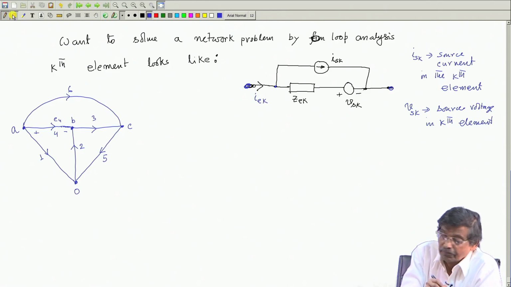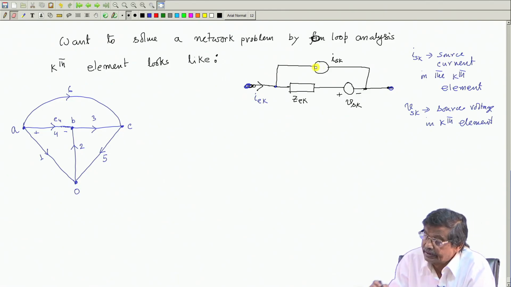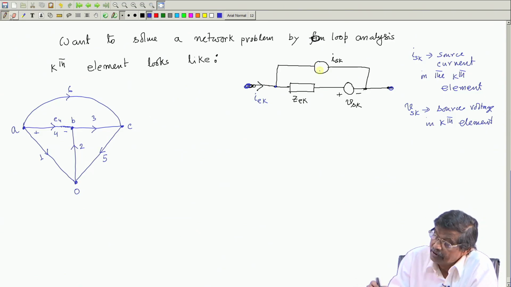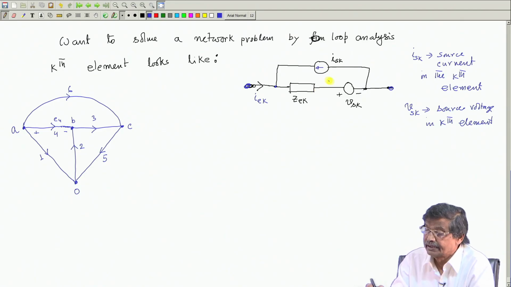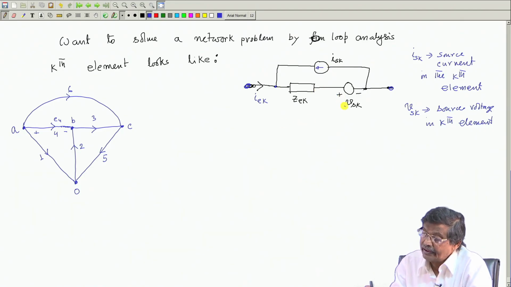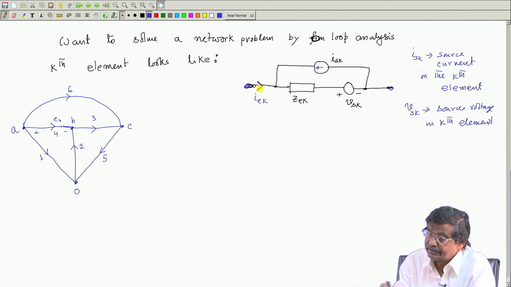If you allow me, I will make one correction here. Always I will assume current is injected into the positive terminal of the node. The ISK direction is like this, and the polarity of VSK is decided by the arrow: if the arrow is coming like this, plus is there.